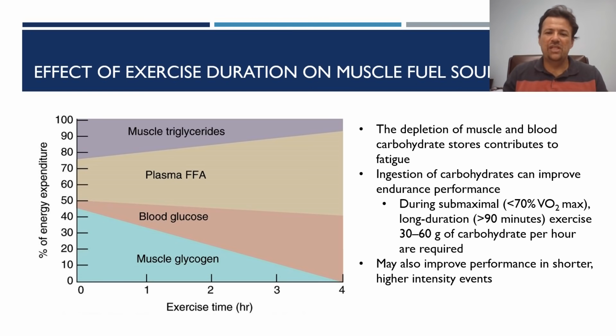Some people have even suggested that if you're doing shorter races but they're very high intensity and you're going to deplete your glycogen stores, then you should also find a way to take in carbohydrates. And so this graph just shows you that as exercise increases and time goes on, the percent of energy expenditure that's coming from glycogen, from your free fatty acids and your muscle triglycerides and blood glucose.